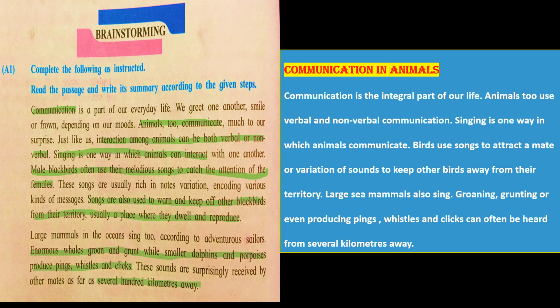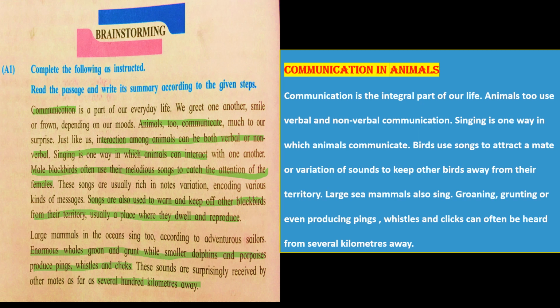Birds use songs to attract a mate or variation of sounds to keep other birds away from their territory. Large sea mammals also sing. Groaning, grunting, or even producing pings, whistles, and clicks can often be heard from several kilometers away. So you see, the sentences are not reproduced as it is.